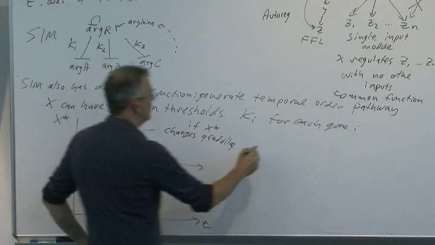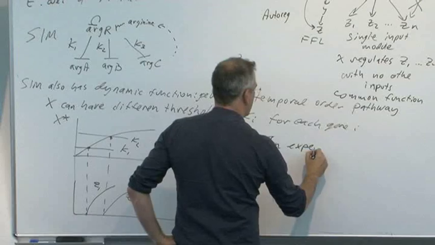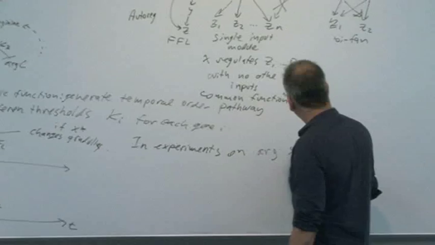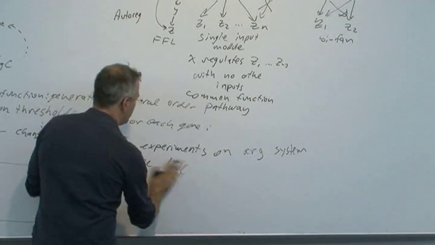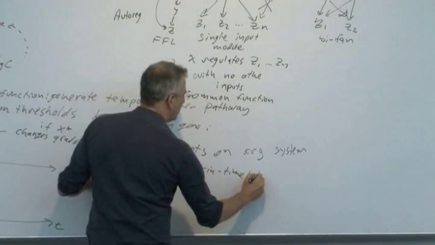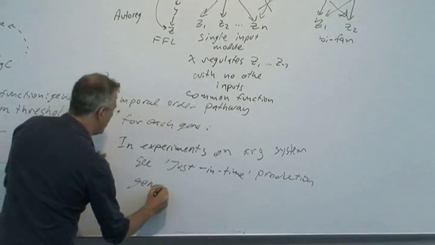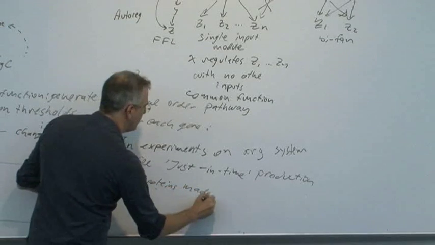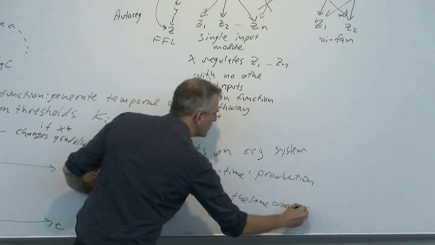Indeed, in experiments on pathways, like this arginine system, you can see what we call just-in-time production, where genes or proteins, you can say, proteins are made in the same order as the pathway.